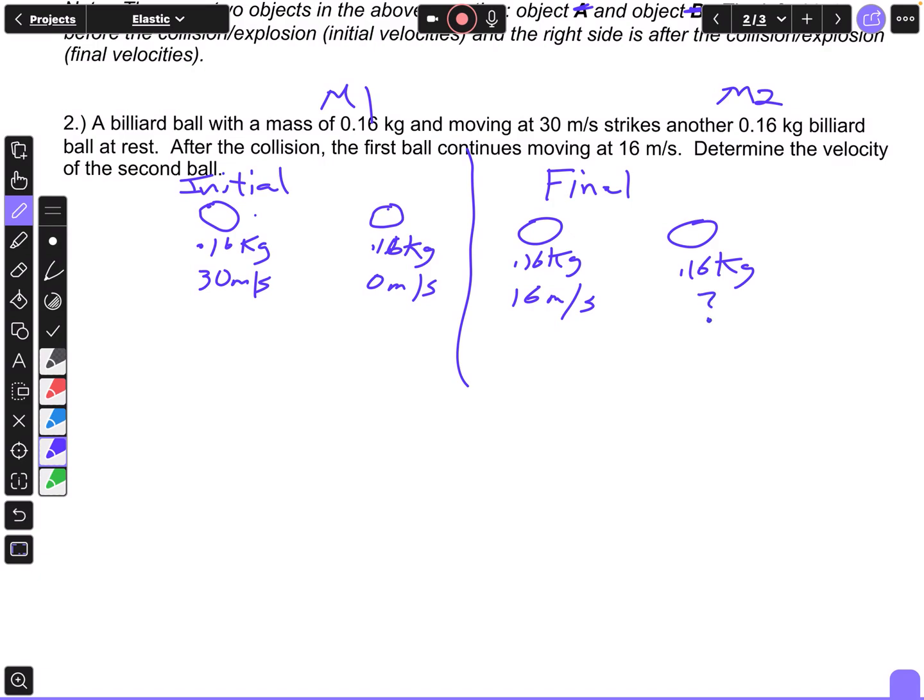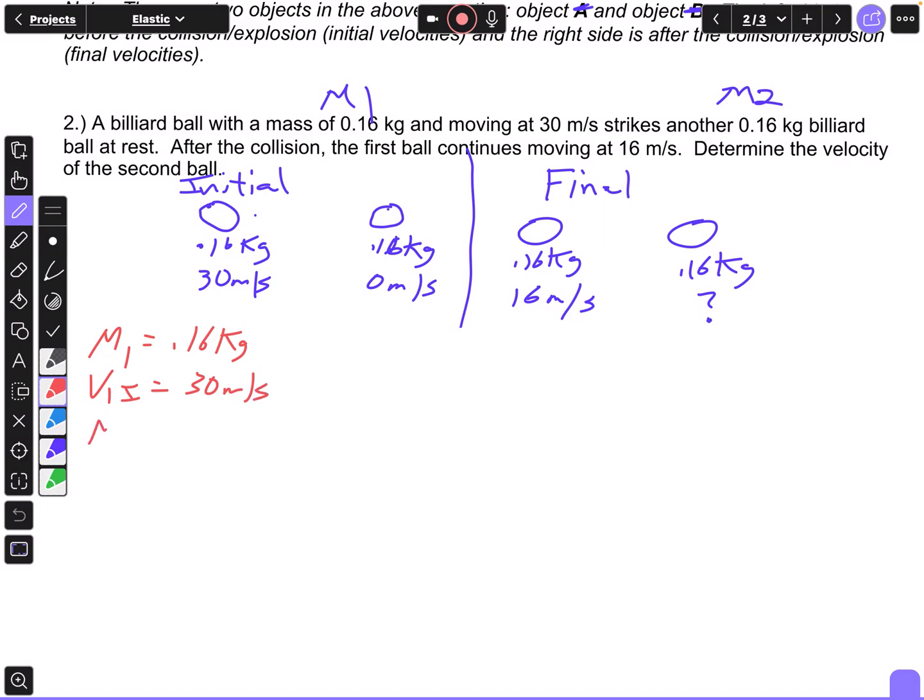So let's write our unknowns and our givens down. M1 is equal to 0.16 kilograms. V1I, its initial velocity, we said was 30 meters per second.